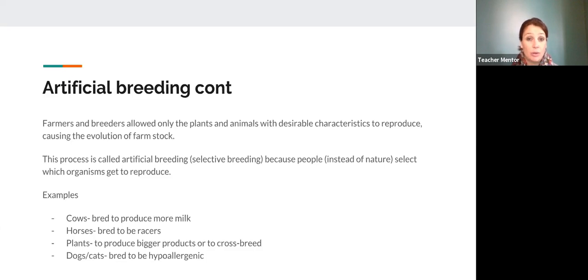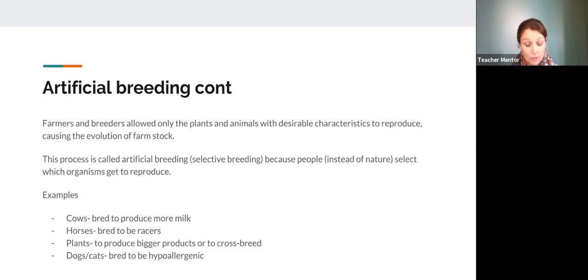For example, since farmers' and ranchers' income relies a lot on their organisms, cows are bred to produce more milk. Those lower producing cows, their traits will kind of be gone to the wayside, and the cows that are able to produce more milk would be reproduced.